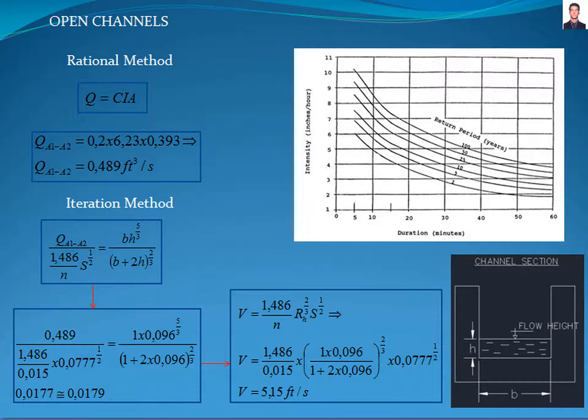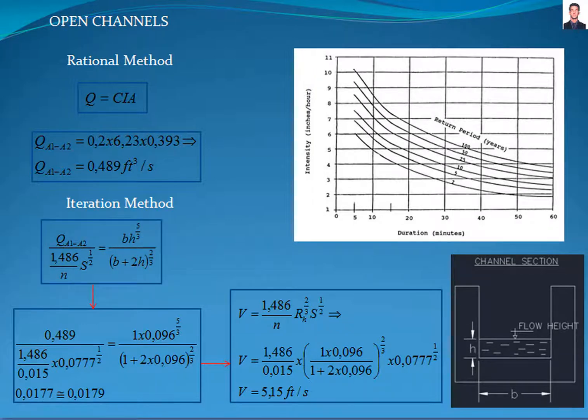After some substitutions and reorganizing the equation, this is its final form for a U channel, where N is the Manning roughness coefficient, equal to 0.015 for concrete lining channels, in accordance with table 10-5 of the AASHTO Design Manual. S is the slope of the section analyzed, B is the width of the channel, and H is the height of the flow.